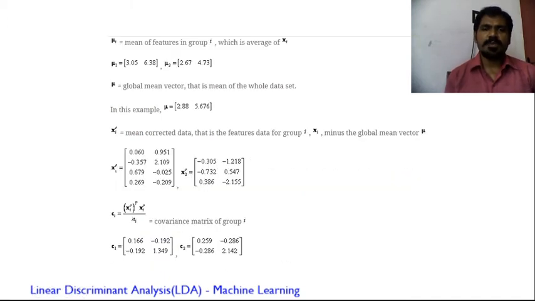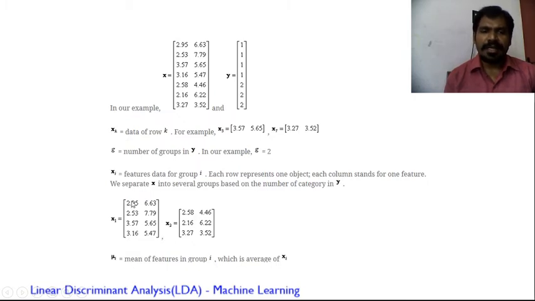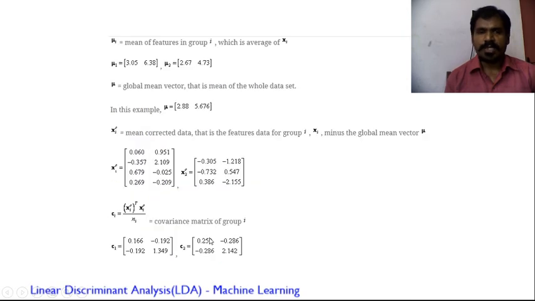Now the next step is to find the mean of each group, that is mu1 and mu2. So how do we find the mean? Adding all the values in column 1 divided by 4, adding all the values in column 2 divided by 4. Similarly for x2, adding all the values in column 1 divided by 3, and column 2 divided by 3. So I get the means of group 1 and group 2, that is mu1 and mu2.